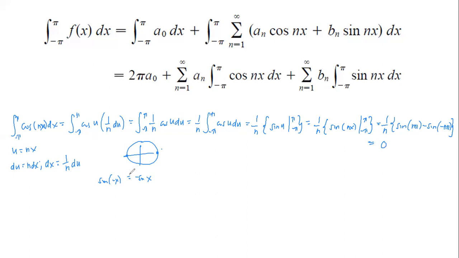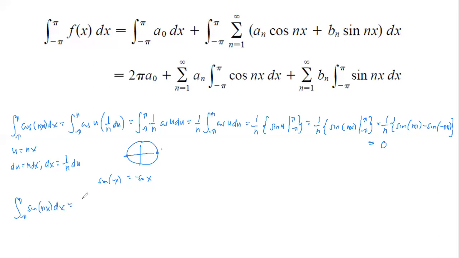Now for the last term, the integral of b sub n sine nx dx. We can factor out the constant, which is b sub n. So we're left here with the integral of sine nx dx.